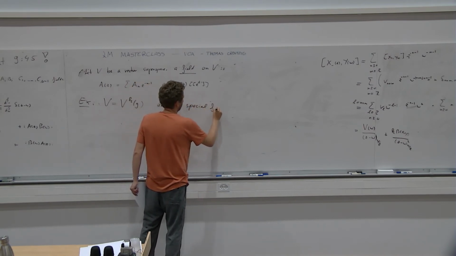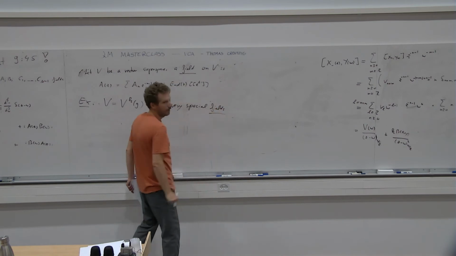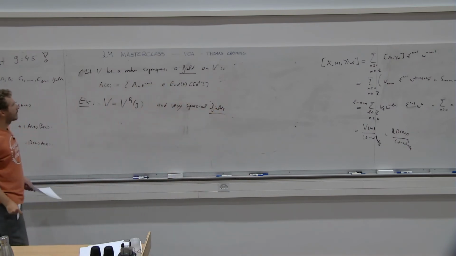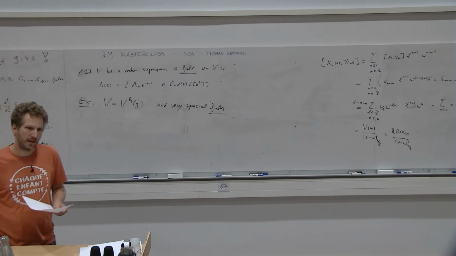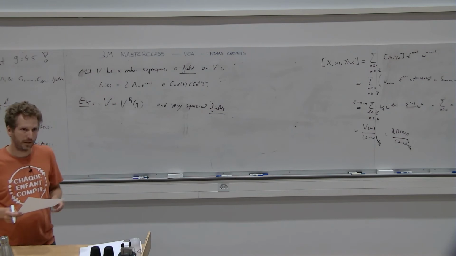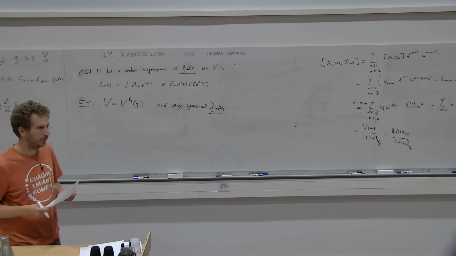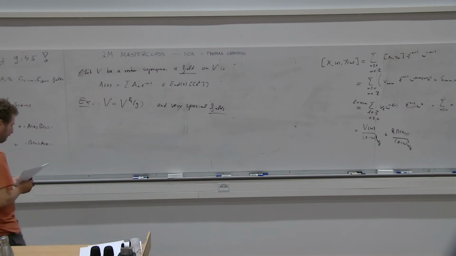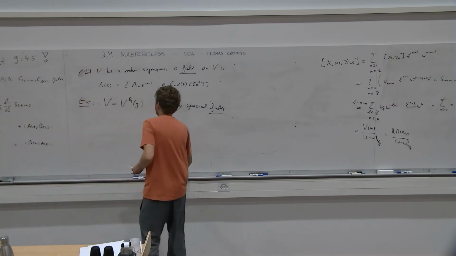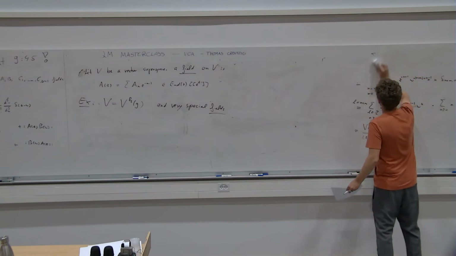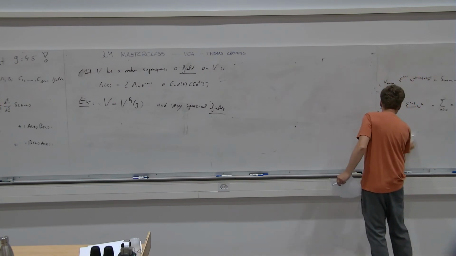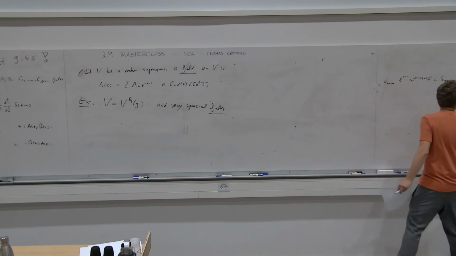But if V is finite dimensional, are we saying there's only finitely many terms in the sum? The only vertex algebra that is finite dimensional is trivial. So V finite dimensional will never appear. No, I'm saying here in this definition now, A_n is completely arbitrary. There's no relation between the A_n for varying n. But what was before was that A_n was x_n, which means x times t to the n.